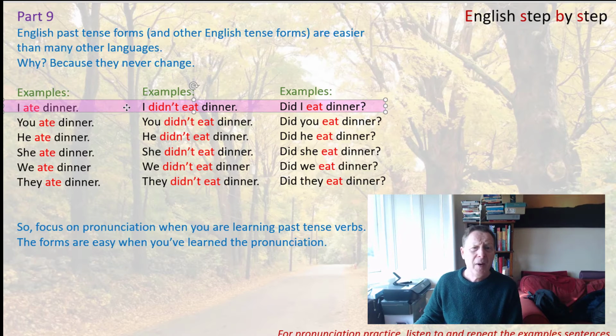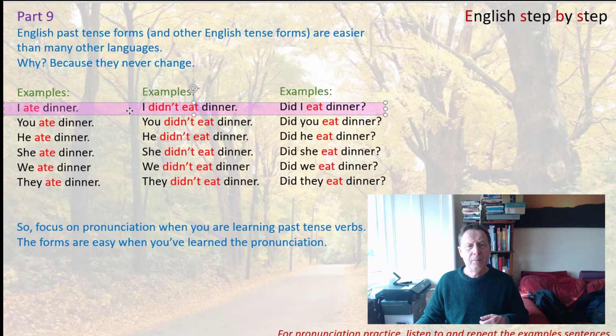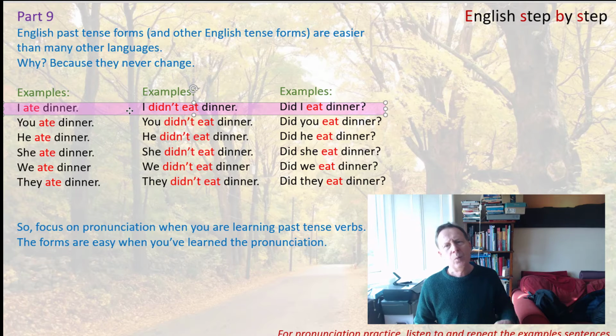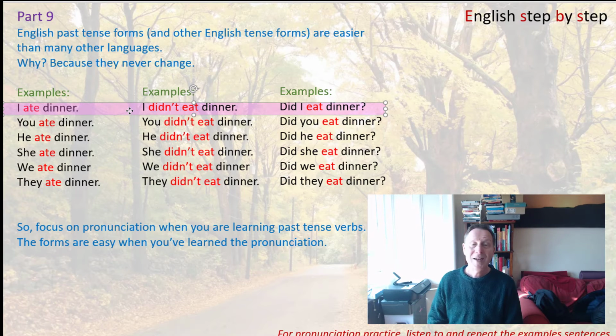Now, with present simple, of course, there is a change in the third person. For example, I eat, you eat, she eats. So that's one point you have to remember about present simple. But in past simple, we don't have any changes with any of the people, I, you, he, she, we, and they. And it's the same with the negatives.